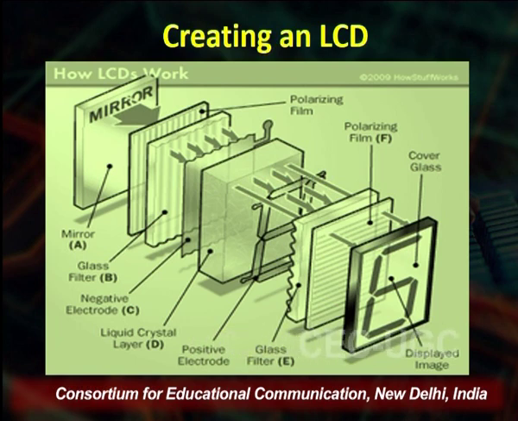With the glass filters we have the polarizing film, the negative and positive electrodes, and in between them there is a liquid crystal layer, D, and at the last we have the display image on the cover glass. So this is the basic arrangement of the liquid crystal display.